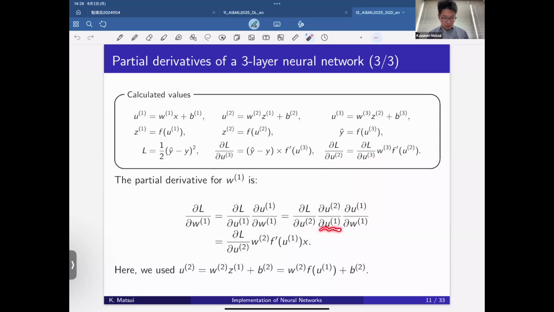What is dU2 dU1? Using the same method as before, U2 is W2 Z1 plus B2, and Z1 is f of u1. So u2 equals w2 f(u1) plus b2. So dU2 dU1 is w2 f prime u1.